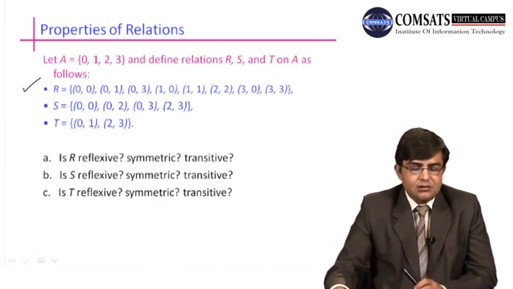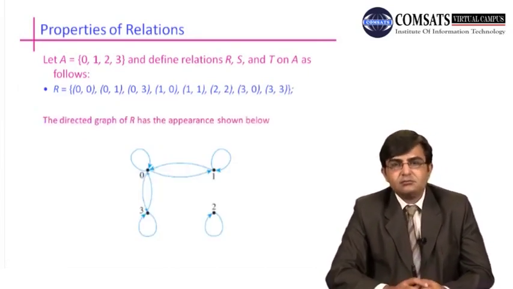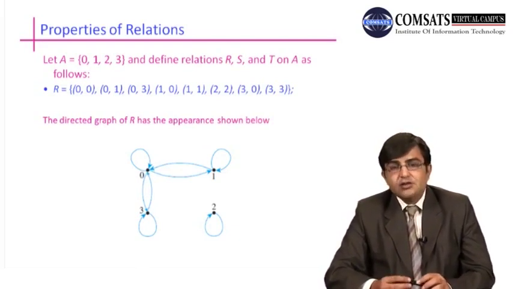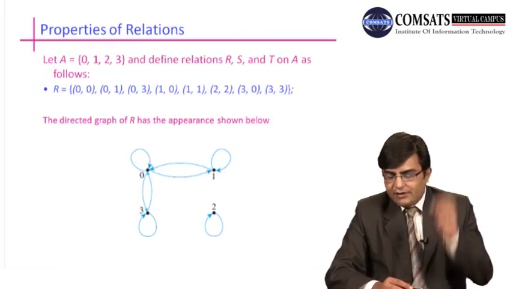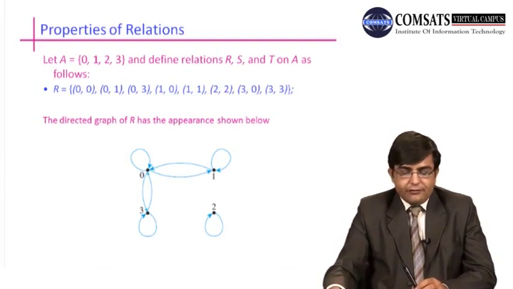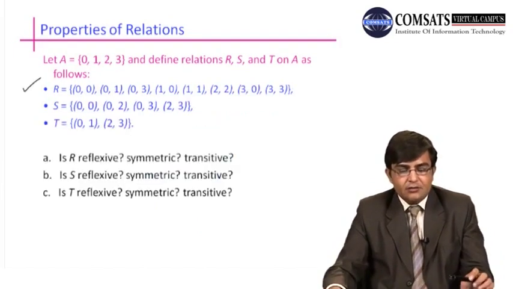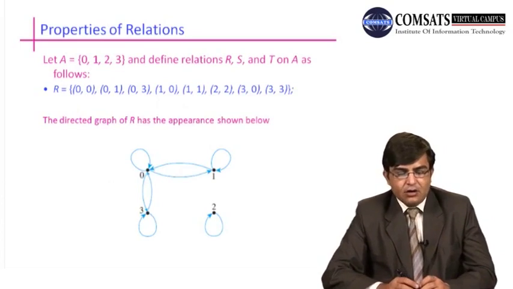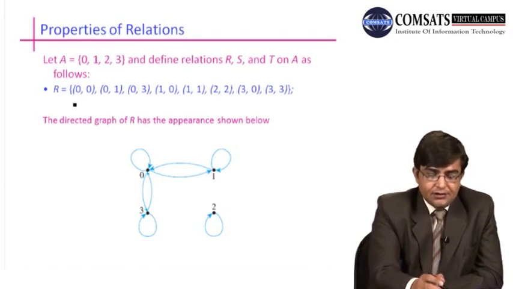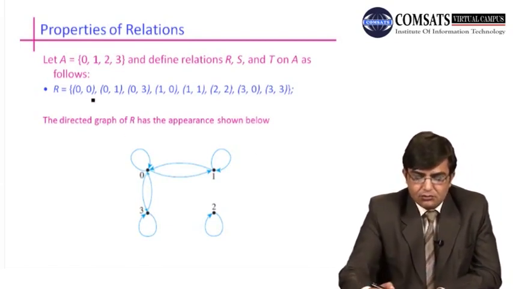Now first we choose the relation R. We can use directed graphs to check whether the given relation is reflexive, symmetric, or transitive. So first of all, we take the relation R and draw the directed graph of R. How do we draw it?